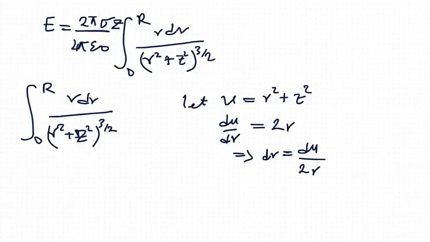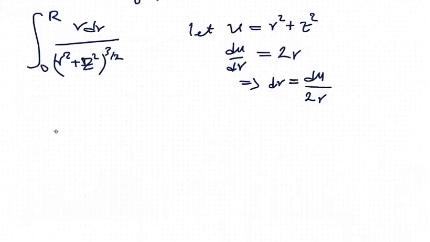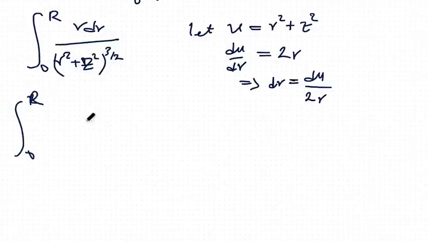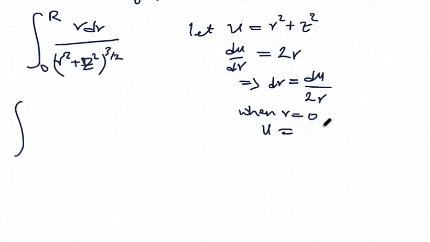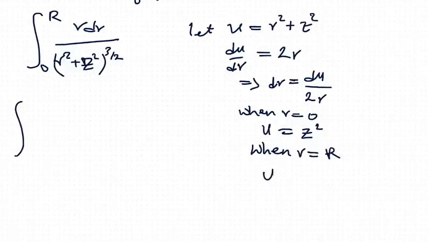Let's change the limits of integration. When r is equal to 0, we have u equal to z squared, and when r is equal to capital R, then u is equal to R squared plus z squared.